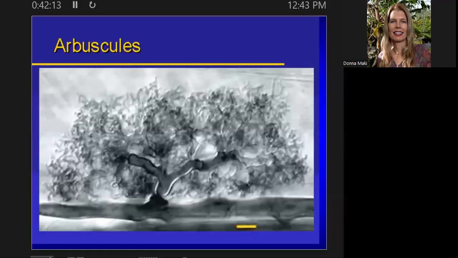And they call them arbuscles because that's a really nice image. Doesn't that look like a little shrub or dwarf tree? And so that's what the word arbuscle means. And so this is an electron microscope picture of a root that's been stained well enough where it does look like, that's all fungal hyphae, but it looks like dwarf trees.